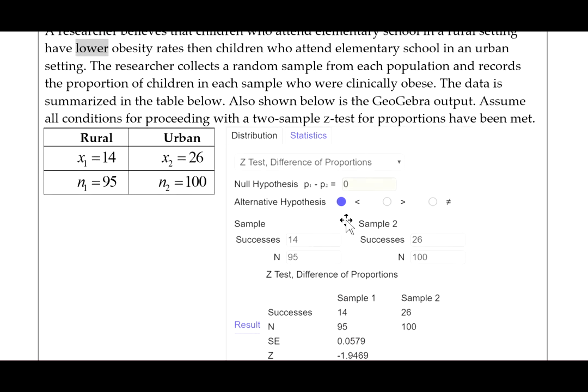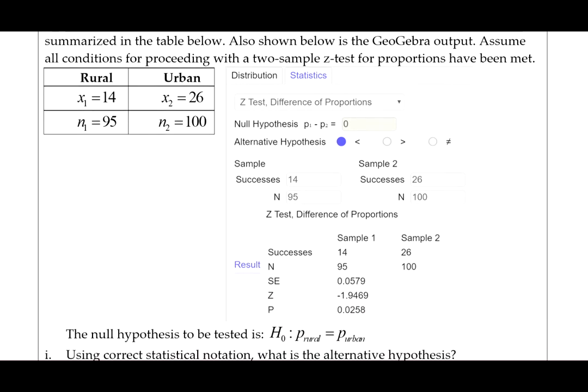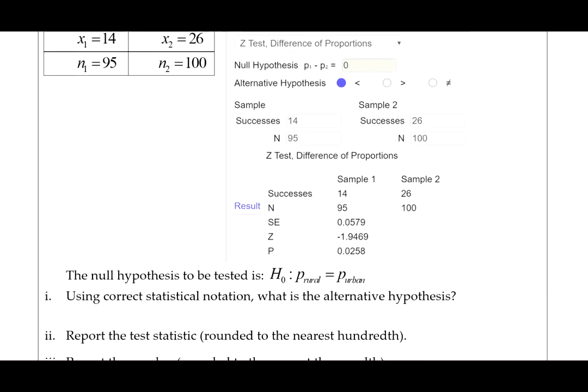We also can see that the button next to the less than symbol has been highlighted in the GeoGebra output. So to write our hypothesis, we would write H sub A: P for rural is less than P for urban children.